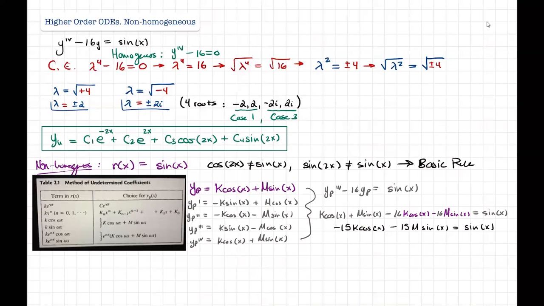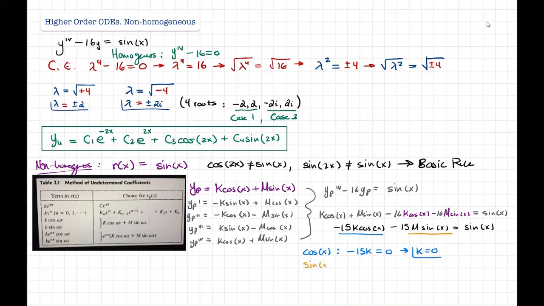So if we do this in two different parts, one for cosine and one for sine, you can see that for my terms that have a cosine of x, I have negative 15K. I don't have any other cosines on the other side, so it's equal to 0. So we get that K is equal to 0. So let's do it for the sine.